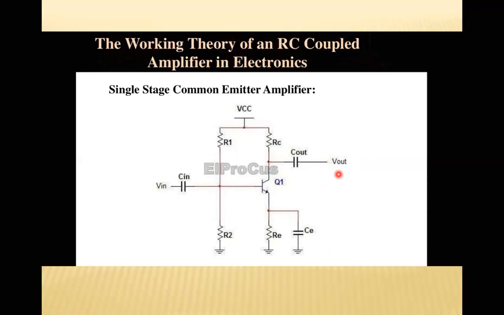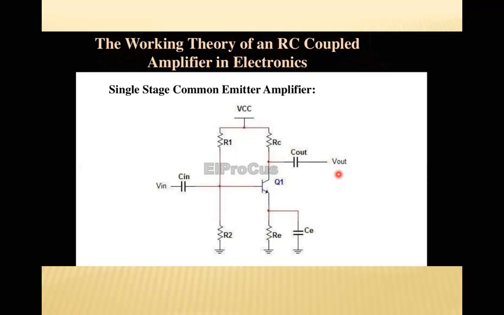I've said that R1 and R2 are used for the transistor biasing. So what is transistor biasing? It is the process of setting a transistor's DC operating voltage or current conditions to the correct level so that any AC input signal can be amplified correctly by the transistor.